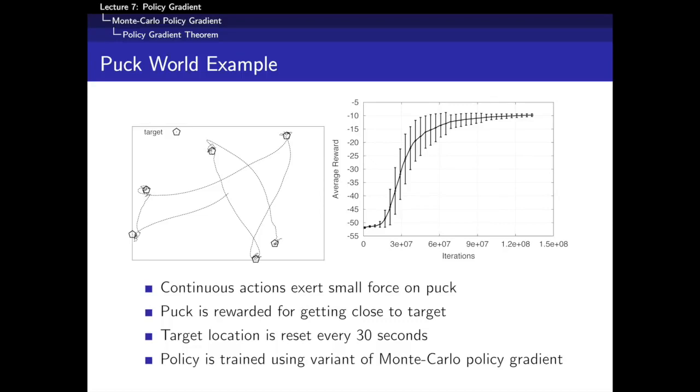You just run trajectories, and you use this Monte Carlo policy gradient, and you update in the direction of those returns. So you measure your return, you go back over it, and you adjust your policy a little bit in the direction that gets you more of those returns, and then you see how this works. There are two things I want you to take away from this. The first is that you get this very nice, smooth learning curve.